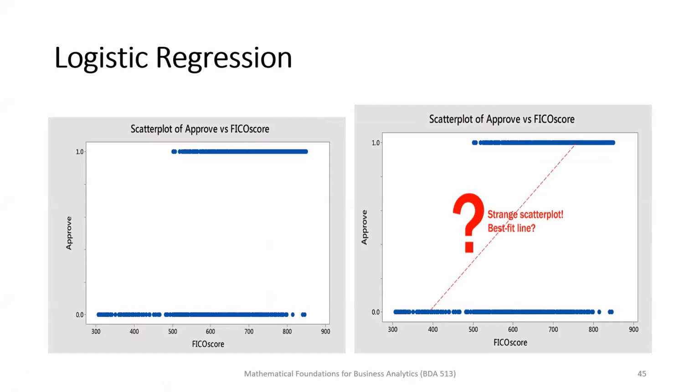It's not like a normal scatter plot where you have data points everywhere and then you plot your line of best fit across. Here, you just have zeros and ones. So you cannot basically have a line of best fit in this scenario.